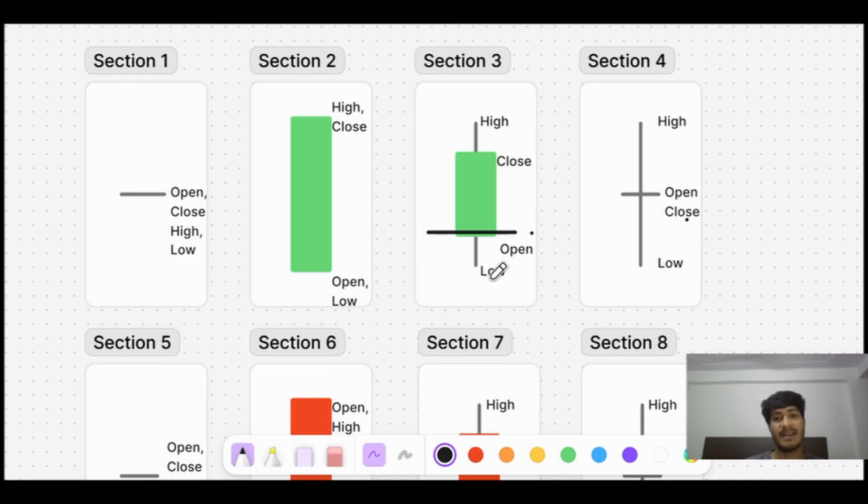And for this candle, you can see this is the normal candle, which you generally find here. This is the open where it started, but it formed the low at this point. Also, you can see it formed the close at this point, and it marked the highest of that day at this point. So this is its high.